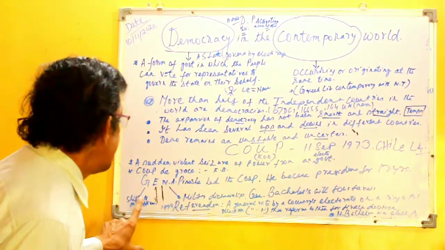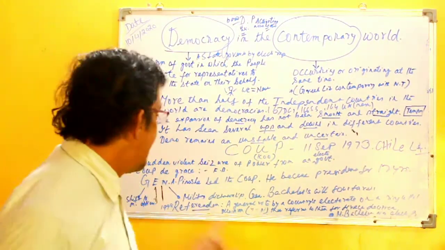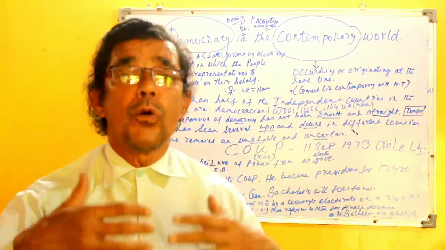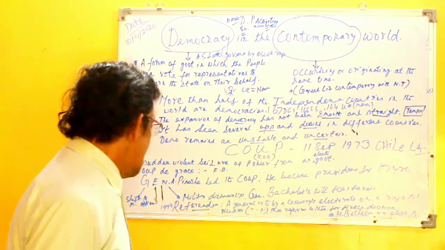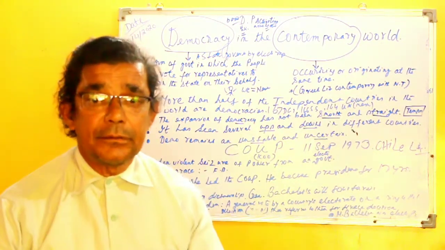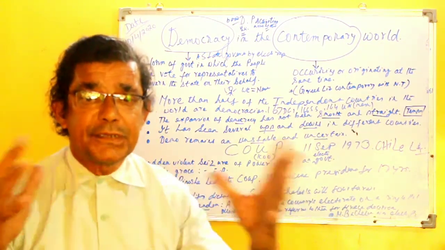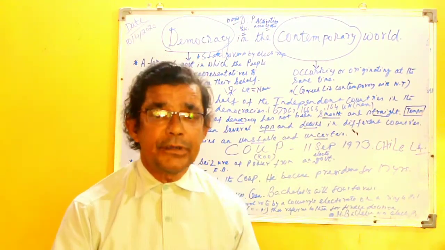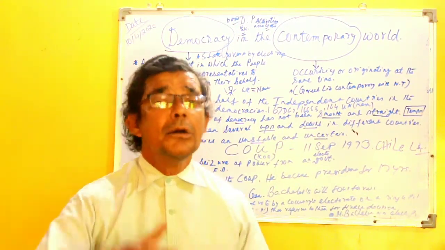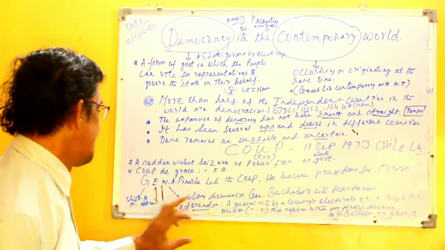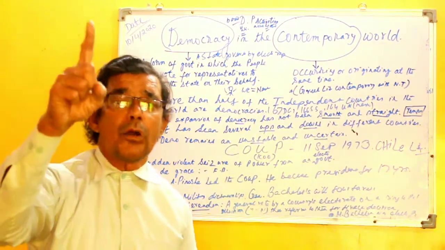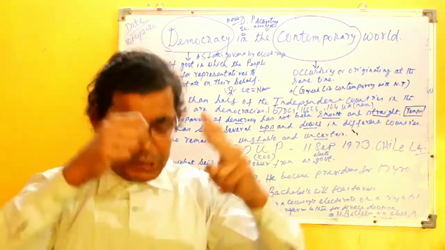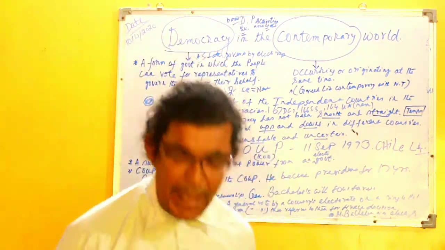Now, when General Pinochet took over the administration, the elected representatives were dismissed and the authority was passed to the military officers. Second thing, democracy was tortured and stunned.